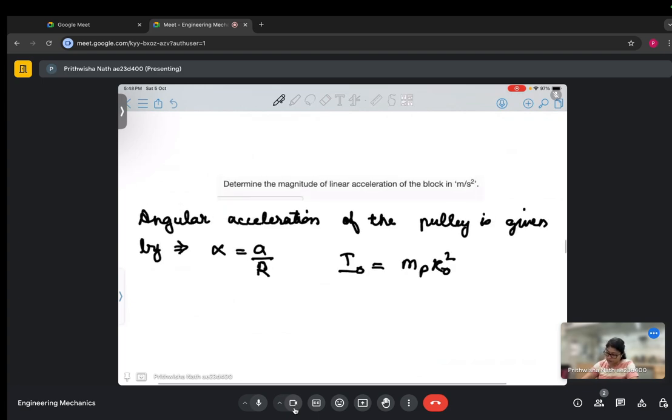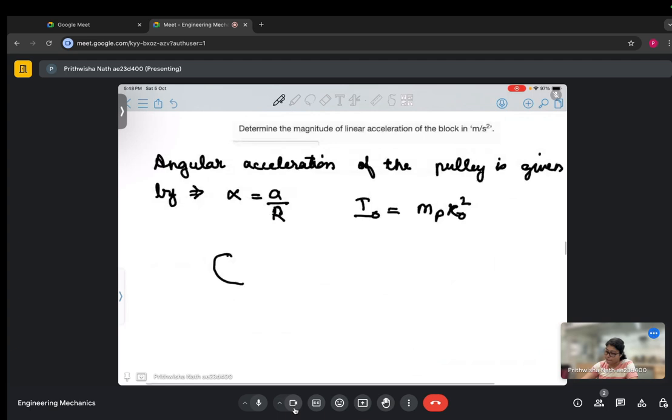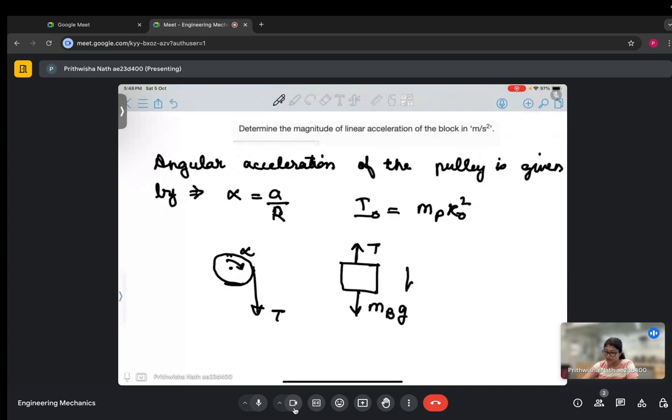So we can write tension. So let me first draw. So for the pulley, tension is acting in the downwards direction, and let this be the angular acceleration. Let this be the block. Tension is acting upwards, and this is mB into g, and it's accelerating downwards.